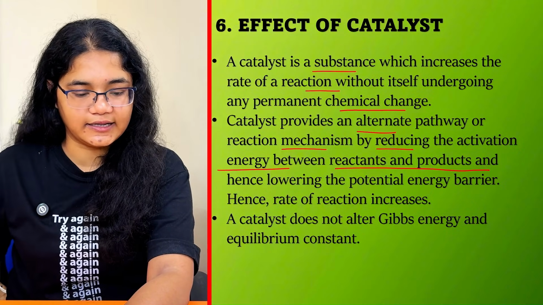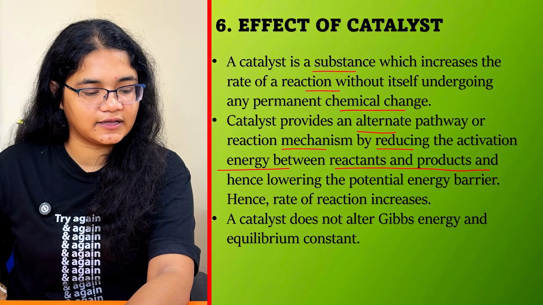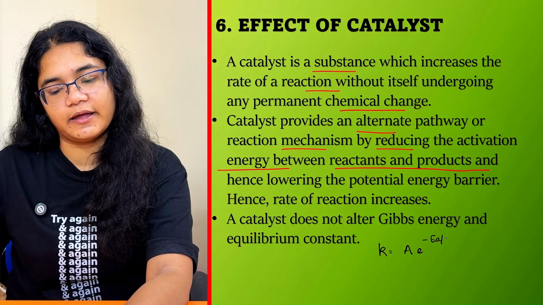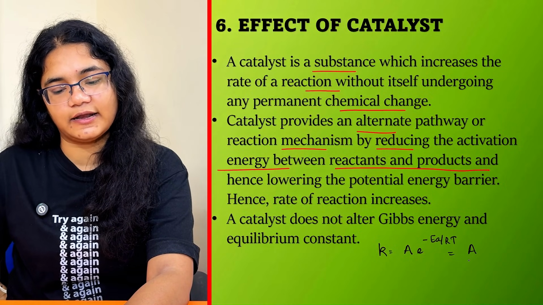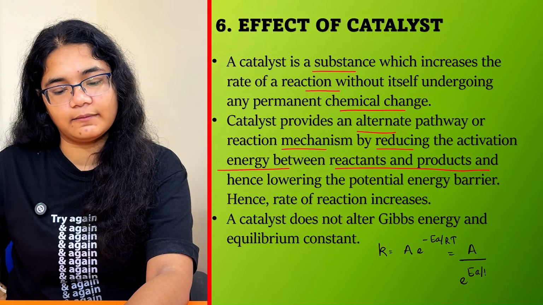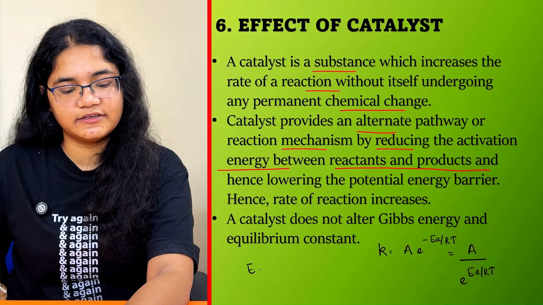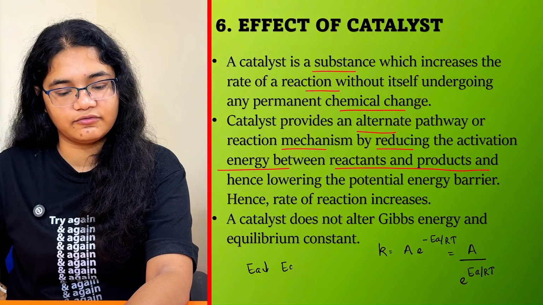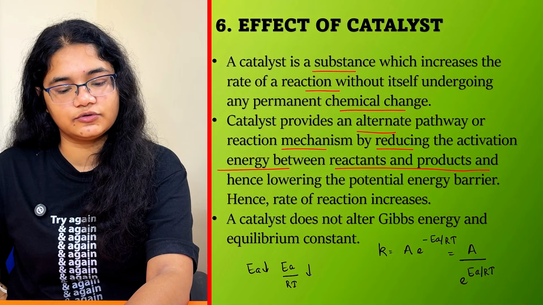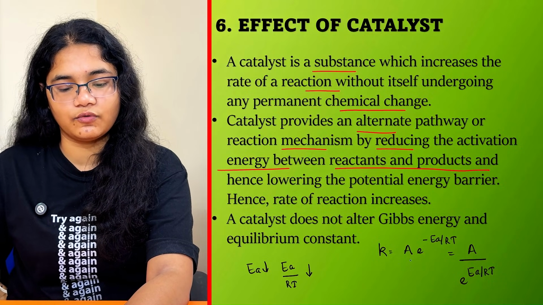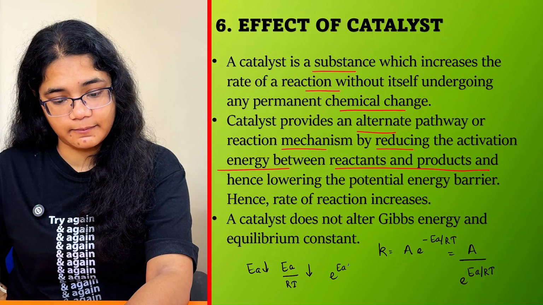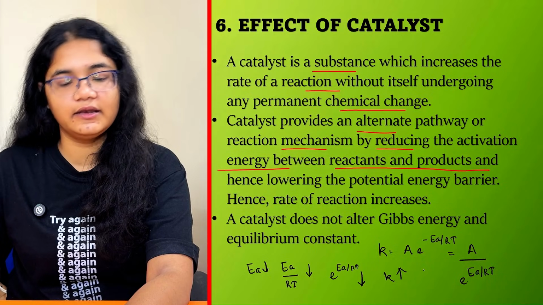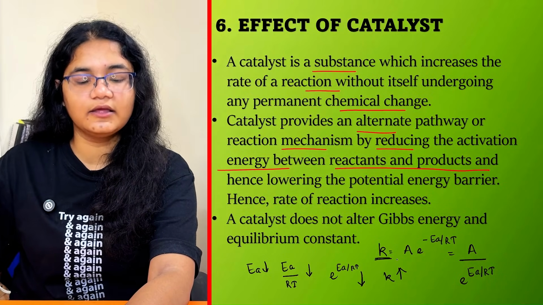So if you see the Arrhenius equation, let us go back and discuss it. K equals A times e to the power of minus Ea by RT. Now just assume that if the activation energy decreases, this fraction Ea by RT decreases. Then overall, e to the power of minus Ea by RT increases, and so the value of K will increase.